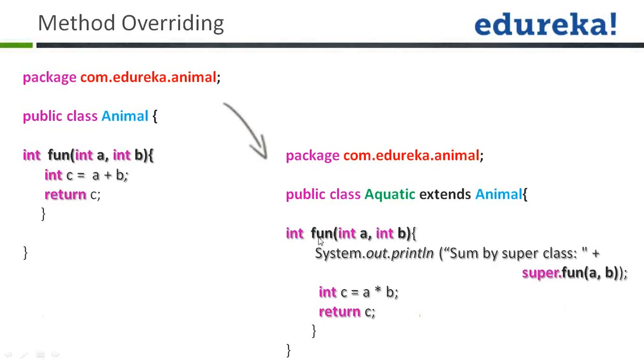So we are calling this function from this function, and the functionality, this one is returning the multiplication. Okay, that is a multiplied by b, and finally you return c. So this function is actually returning the multiplication of two integers. This one is returning the addition of two integers. So this function is overriding this function that was present in animal class. Yes, this is the spelling that is overriding.